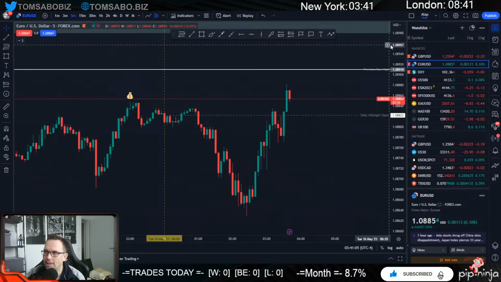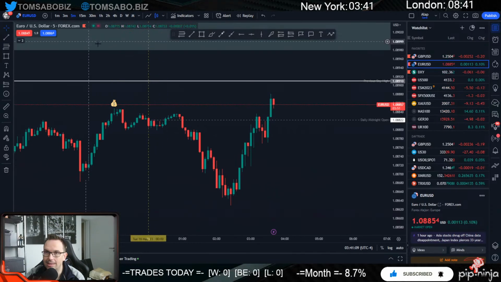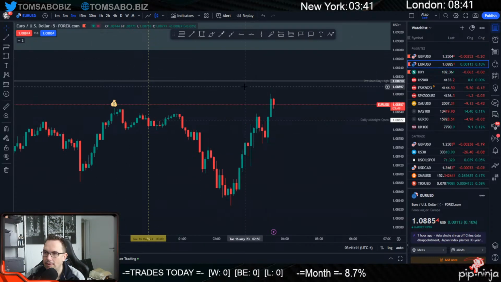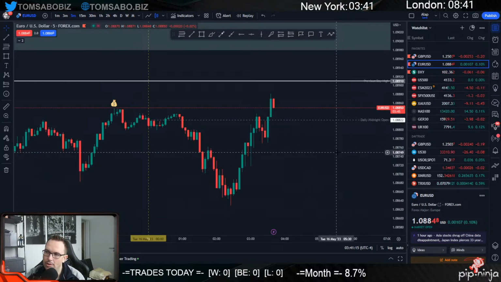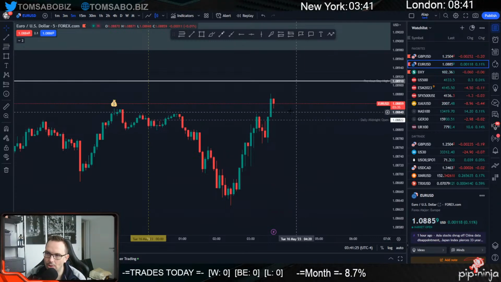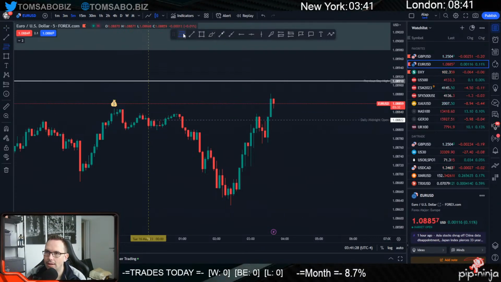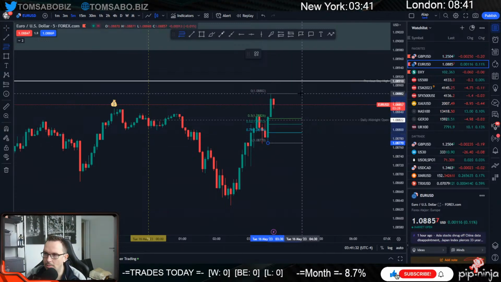I know on euro dollar it can be a lot, but what does ICT say? You can go bullish if you're in a discount daily range or around the midday area. I try to answer the question on a deeper basis.